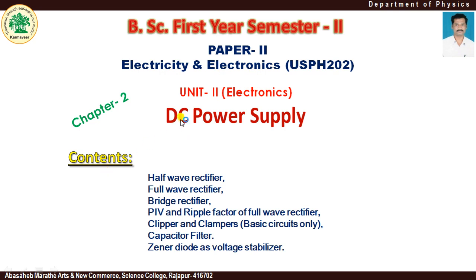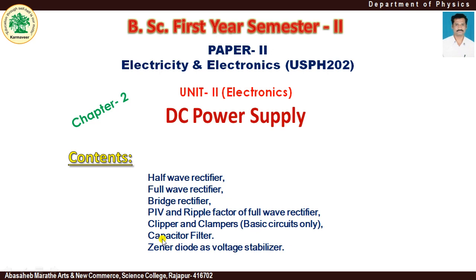Under the heading of DC power supply we will study the half wave rectifier, full wave rectifier, then bridge type rectifier, then peak inverse voltage and ripple factor of the full wave rectifier. Afterwards we will discuss clippers and clampers through the basic circuits.